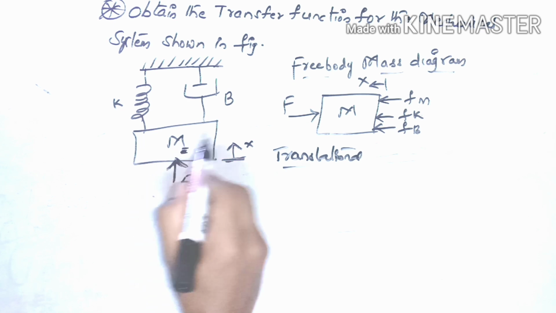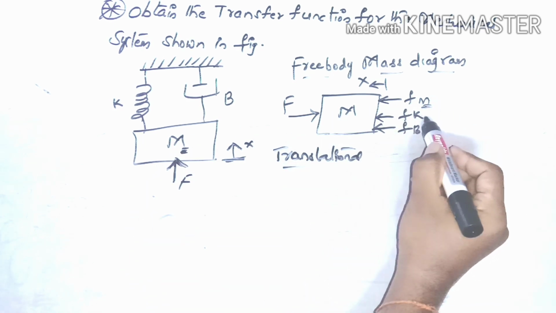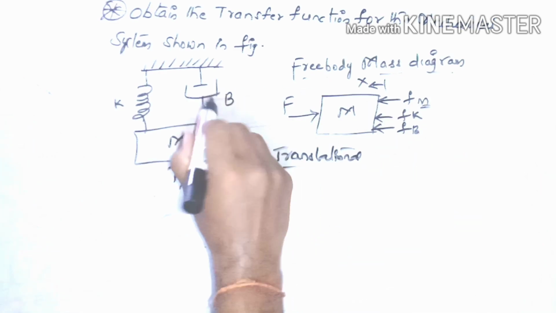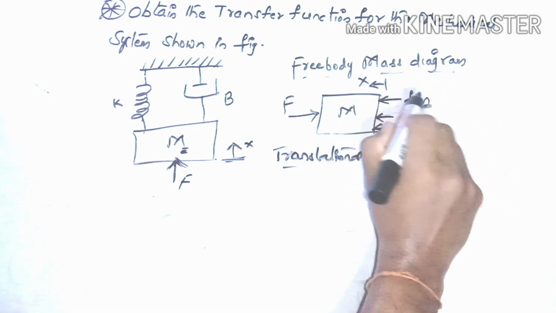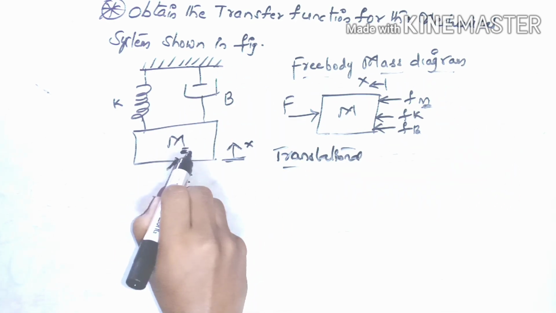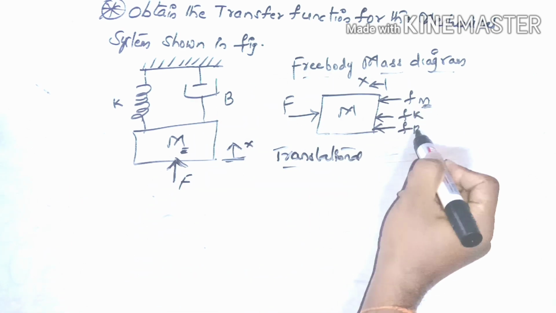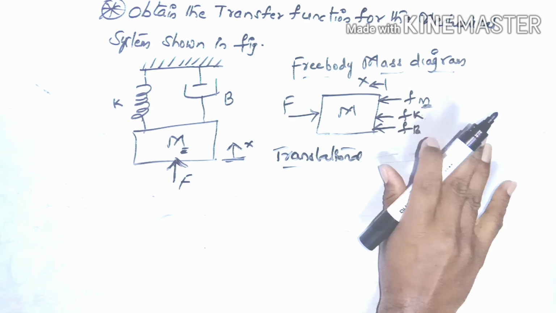Definitely we have to represent the force due to the mass itself for any kind of mass element, even though other elements may or may not be shown. Later we will see which elements are connected to the mass element, and those forces have to be represented in the free body mass diagram.